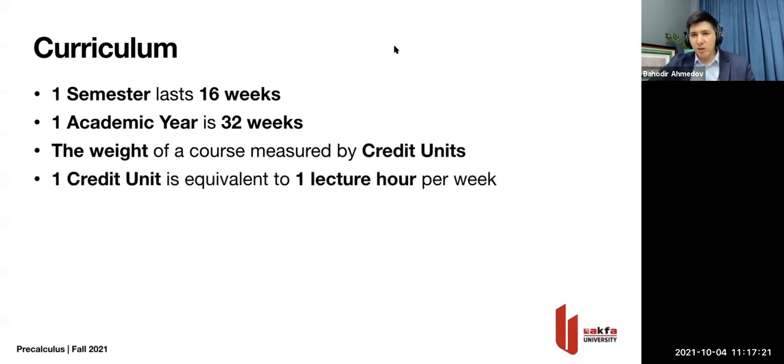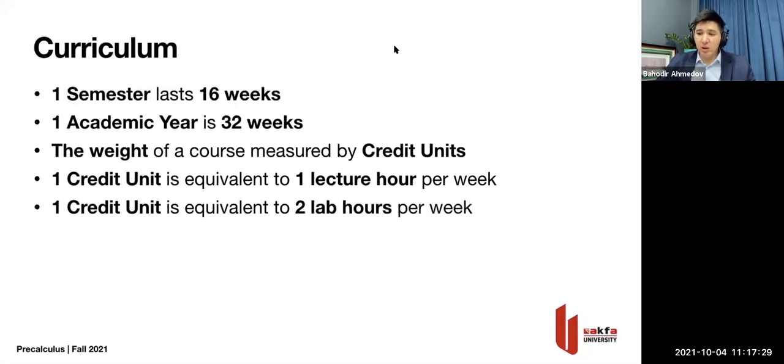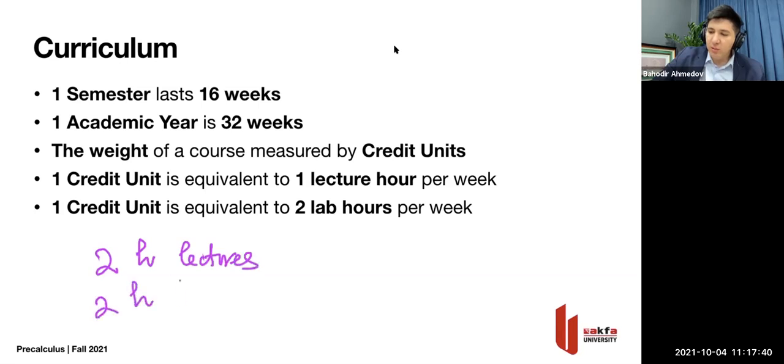As a rule in this university, 1 hour of the lecture corresponds to 1 credit unit, and 2 hours of the tutorials corresponds to 1 credit. For example, in this subject, we're going to have 2 hours of the lectures and 2 hours of the tutorials per week.